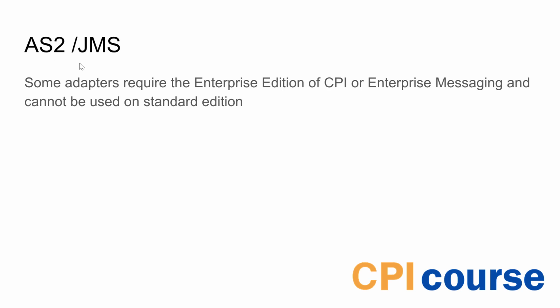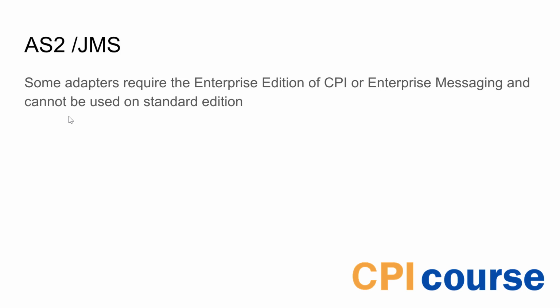AS2 and JMS. I think the AS2 is only available in the Enterprise Edition as a part of making B2B capabilities for users. Whereas the JMS is something you can use, and the main focus of this is for async processes.